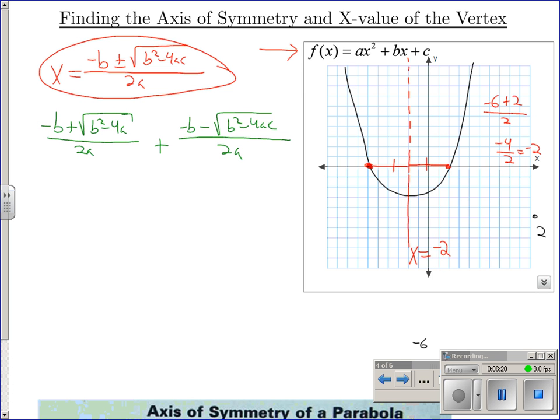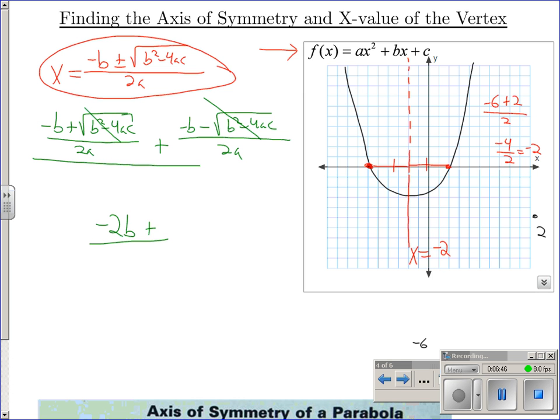When you add these up, looking at like terms, negative b plus a negative b is a negative 2b, plus square root of b squared minus 4ac, and then we are adding a negative square root of b squared minus 4ac. Those just cancel each other out.